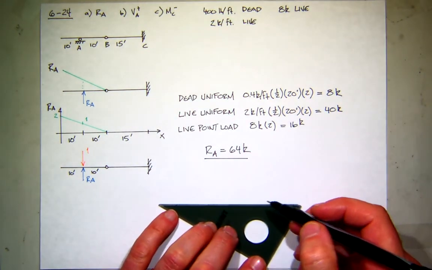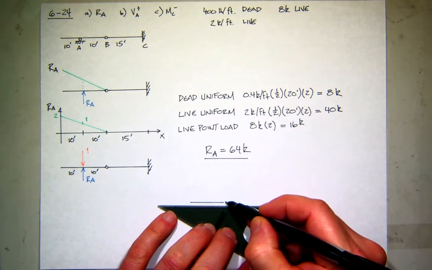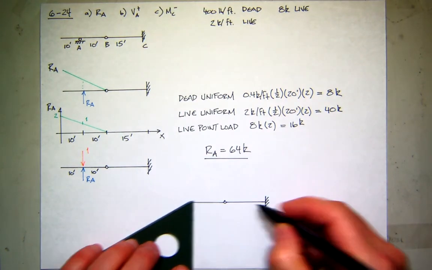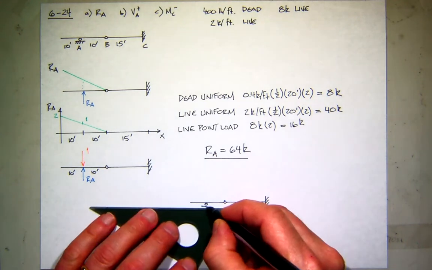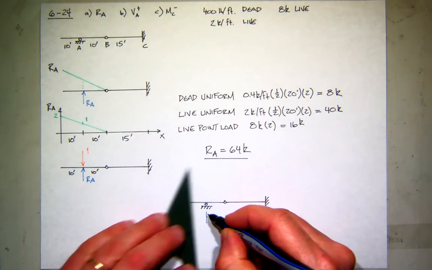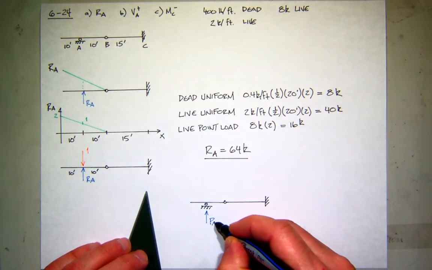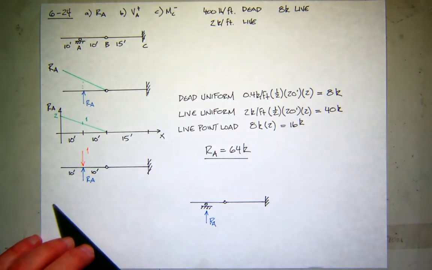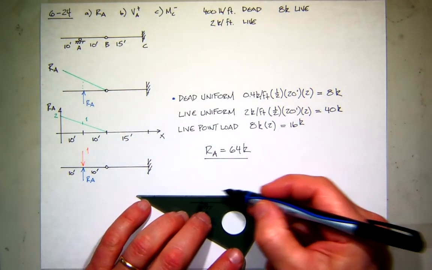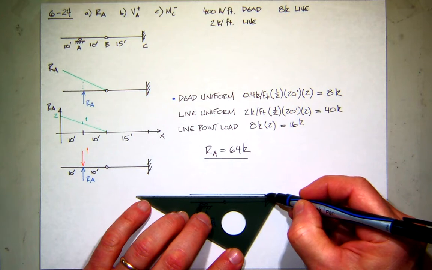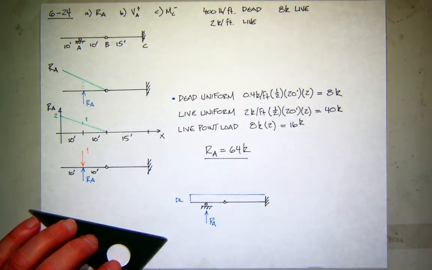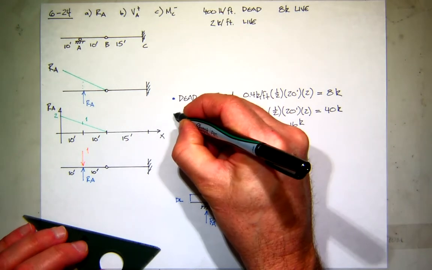Now, what does that look like? Well, if I redraw the beam, and remember the thing we're looking for is this reaction at A. Well, what do I get? If I take my dead load, it has to go over the whole structure. I'll take my live load. It does not.